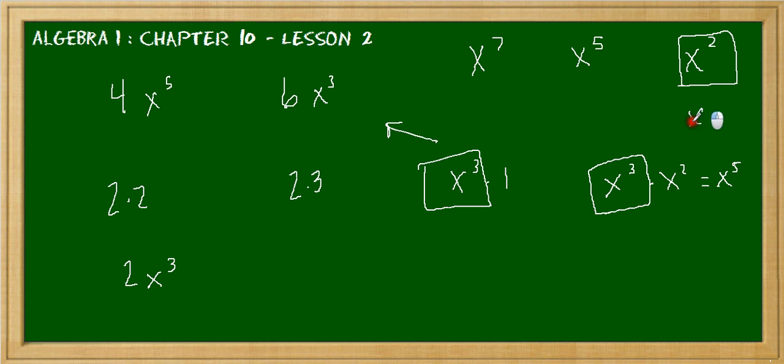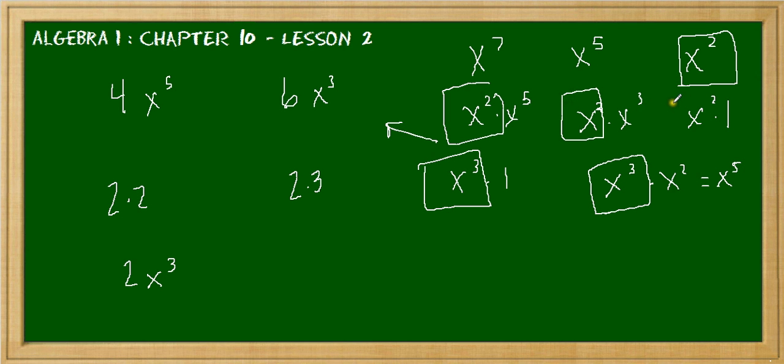Why? Well, this is x squared times 1. This is x squared times x to the 3rd, and this is x squared times x to the 5th. Okay, we're always adding. I'm doing them quickly because I know I need to add them to get to the exponent, right? So x squared, and x squared. That's the greatest common factor.